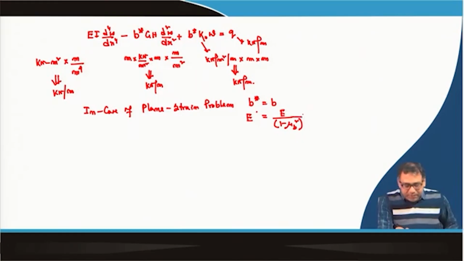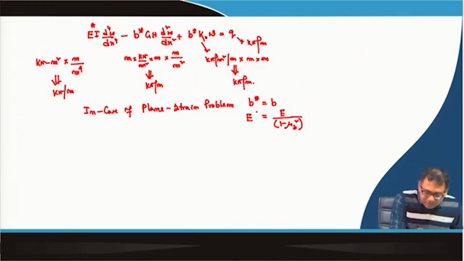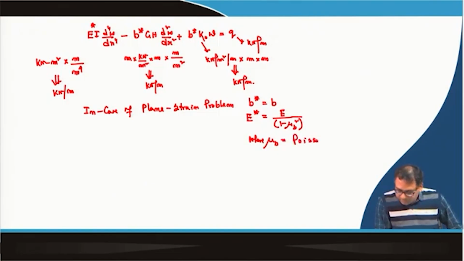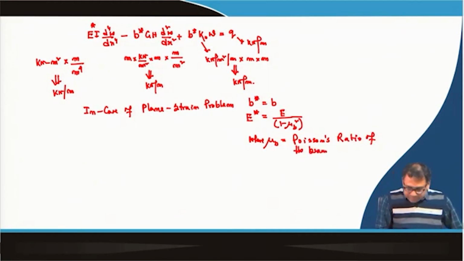So, here not only B star, I have to write E star also. Okay? So, what is E star? In case of a plane strain problem, B star will be equal to B, and E star will be E divided by 1 minus mu B square, where mu B is equal to Poisson's ratio of the beam or beam material.